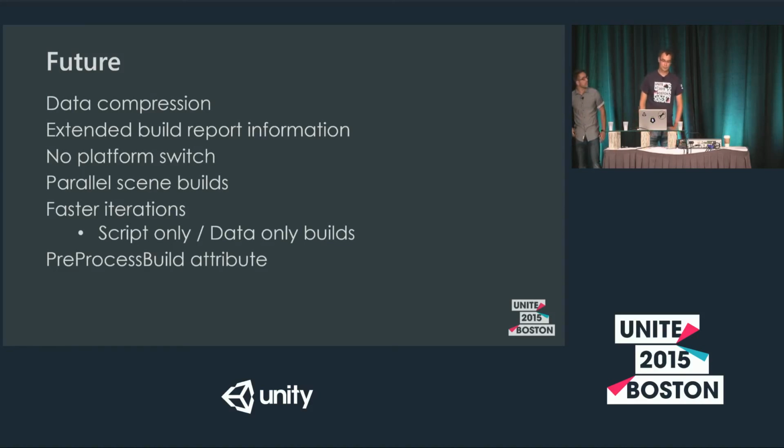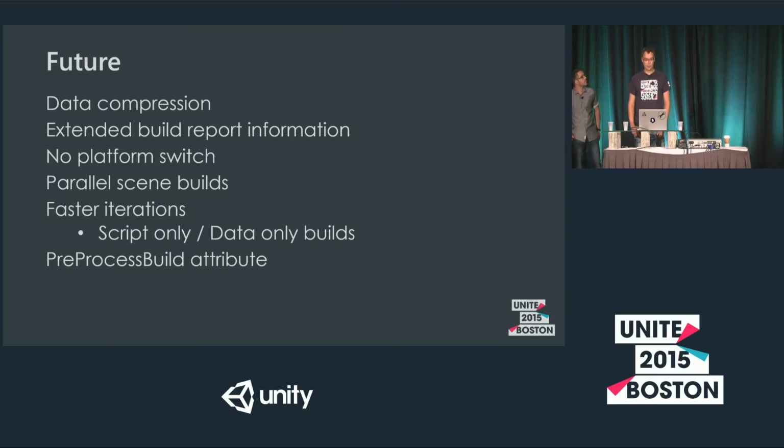Also, we have plans to extend the build report you can receive after build is complete. So basically, you could see resources which were inside build and actually analyze data size they have in player, and other data like compression ratio per asset.